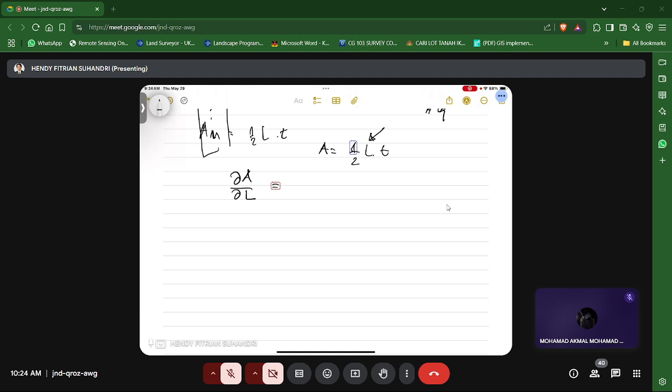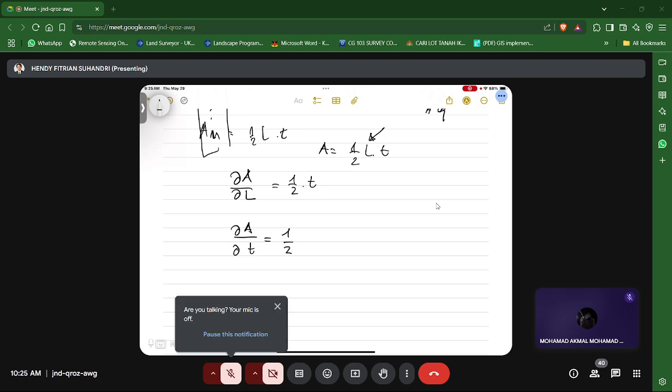So derive with respect to L would be half of T, because L has a power of 1, while dA, if we derive with respect to T, then L would be treated as a coefficient. Since we have a T at the power of 1, the first derivative of T would be 1.